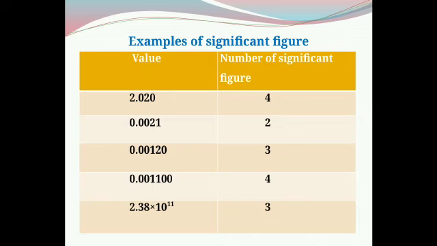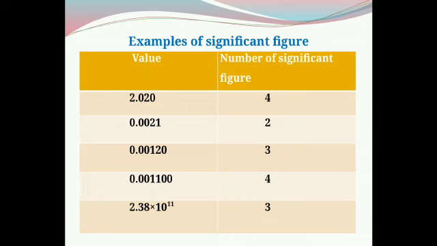In this value, the first 0 comes after the decimal point and it comes in between two non-zero digits. Also the last 0 comes after the non-zero digit and therefore both zeros are considered significant figures, and therefore in this value the number of significant figures is 4.